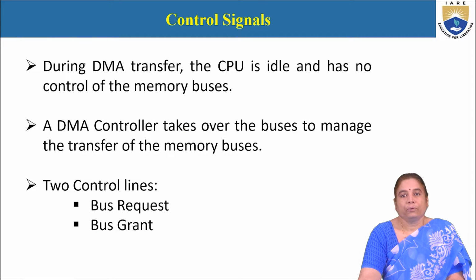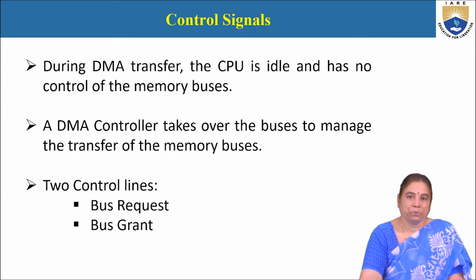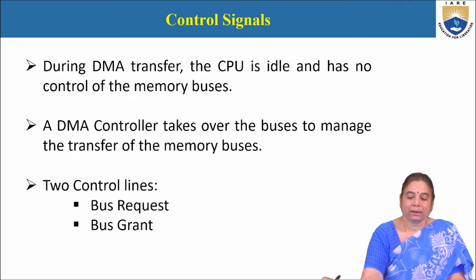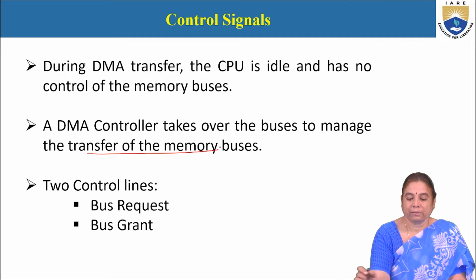To grab the attention of the CPU, some special control signals can be used by the DMA module. During DMA transfer, the CPU is idle and has no control of the memory buses. So the DMA controller takes over the buses to manage the transfer.